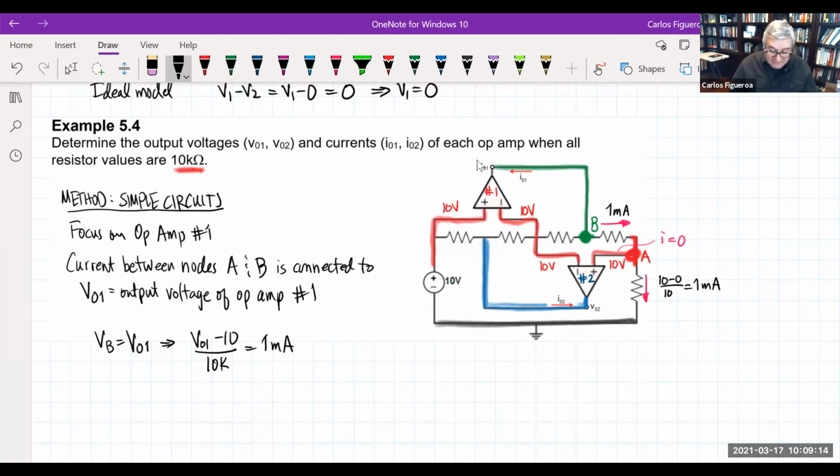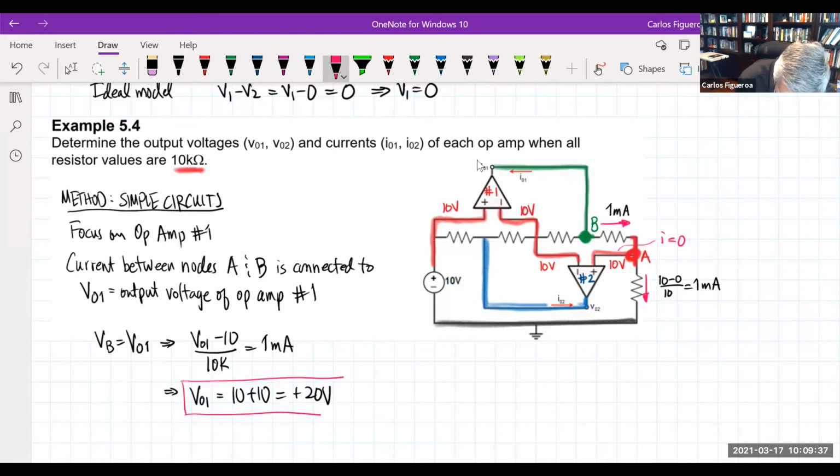So this is telling me that the output voltage VO1 is then of course going to be, if I multiply this out, 10 plus 10. So I should get plus 20 volts. So I now have the output voltage of that node. So I know node B is 20 volts.